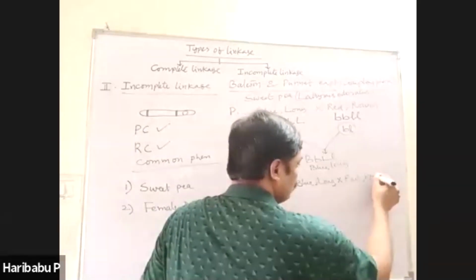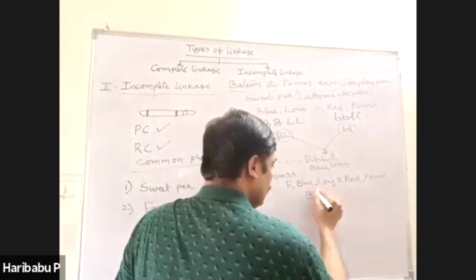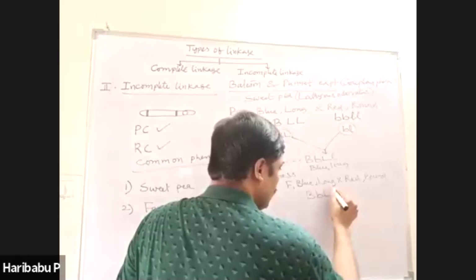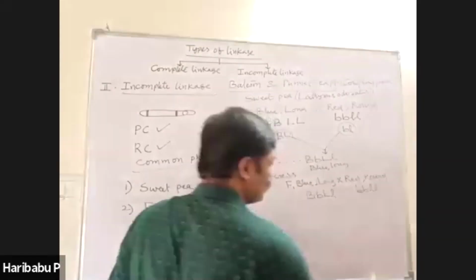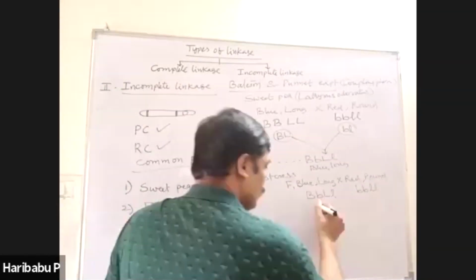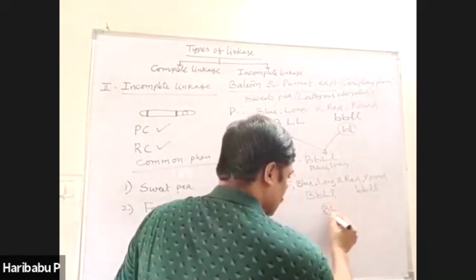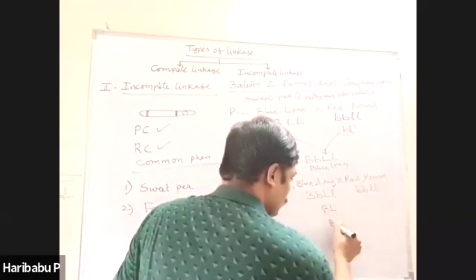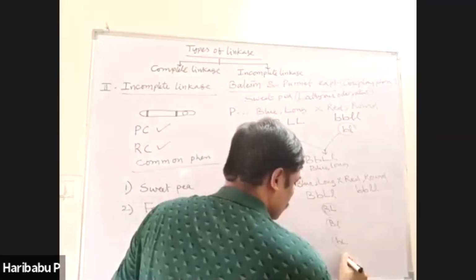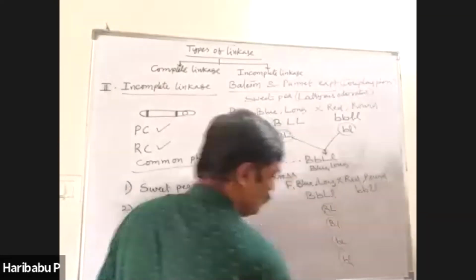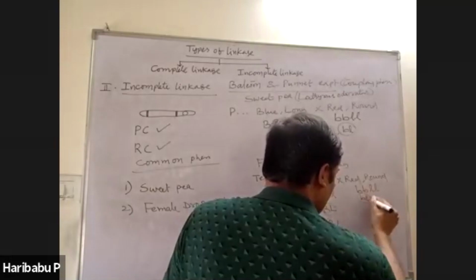The genotypes are capital B, small b, capital L, small l, and small b, small b, small l, small l. And now it produces four types of gametes: capital B capital L, capital B small l, small b capital L, small b small l. Similarly, the double recessive parent can form one type of gamete only.